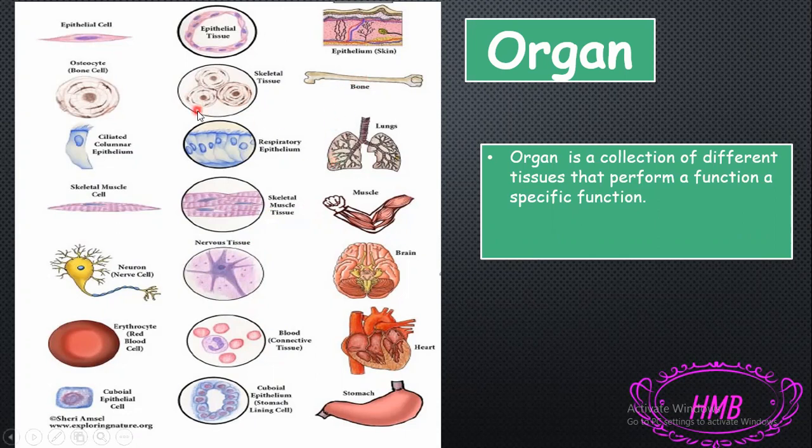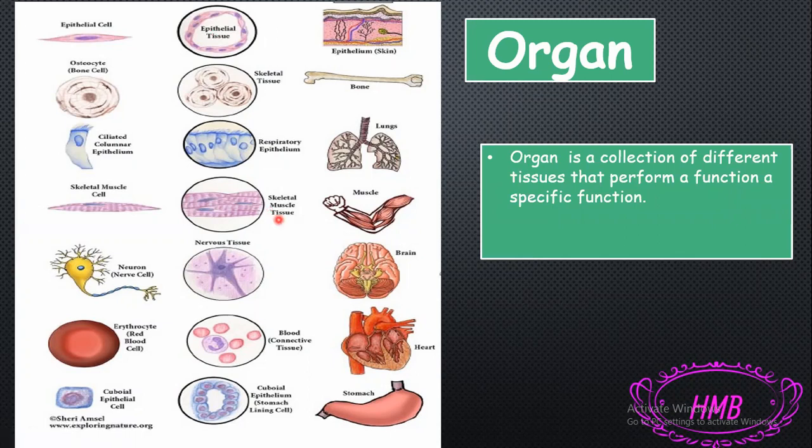Another example, when I have the skeletal muscle cell. Skeletal muscle cell, it's one. When it becomes many muscle cells, and all of them are the same, and they are joined together, they form a tissue. This is one tissue.